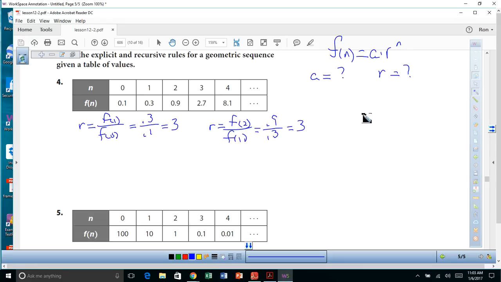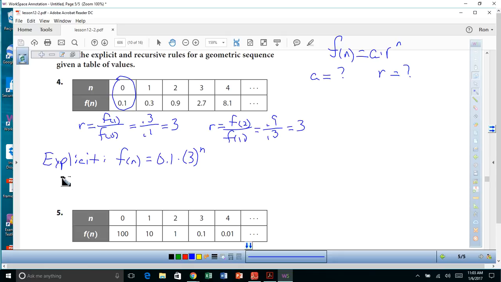What is a? Well, a is the initial value, and that's right here. The table gives it to you. So the explicit form would be f of n equals 0.1 times r to the nth power.